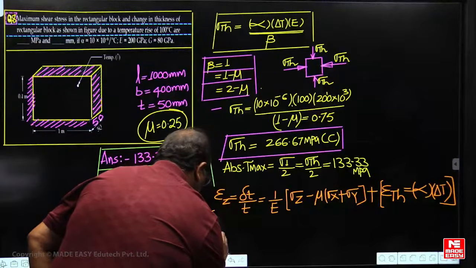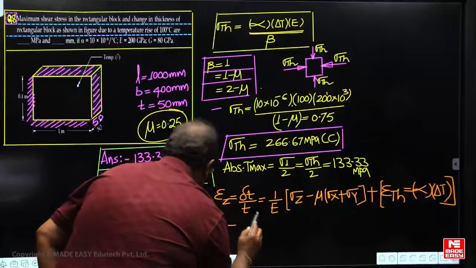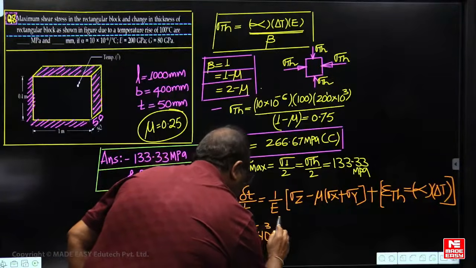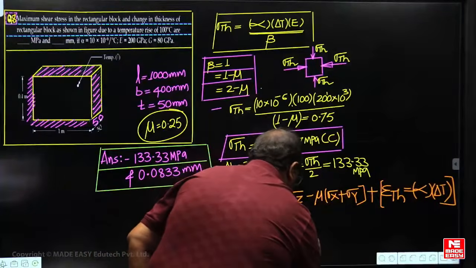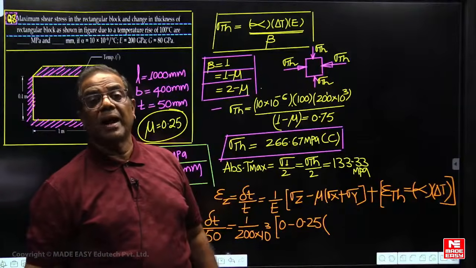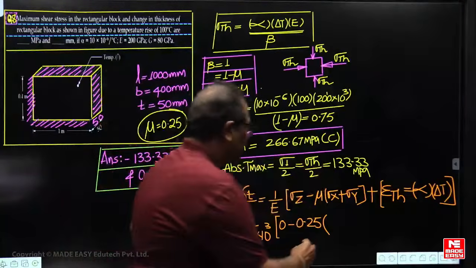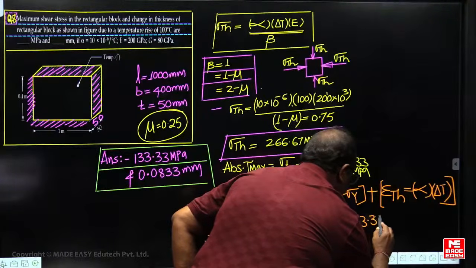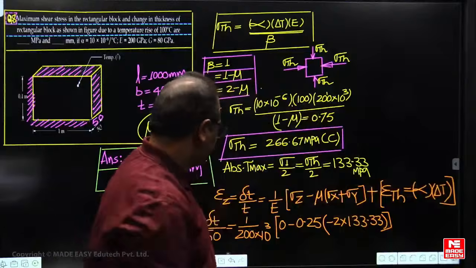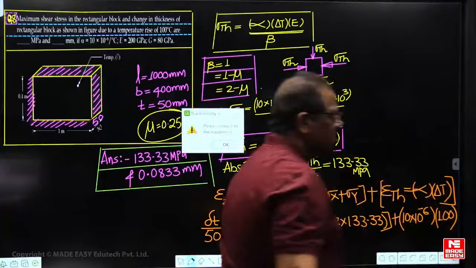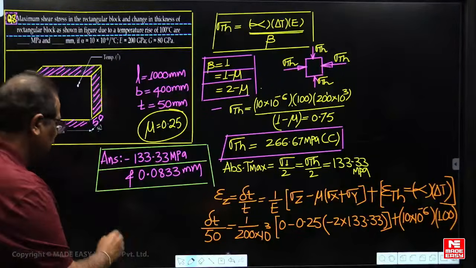Now change in thickness upon thickness. Thickness is 50. Young's modulus is 200 GPa. Sigma z is zero. Mu is 0.25. Sigma x plus sigma y is what now? Both are equal and like in nature, minus 2 times the thermal stress. So this will be what now? Then alpha delta T. Change in temperature is 100. Then complete this calculation, you will get the delta T.